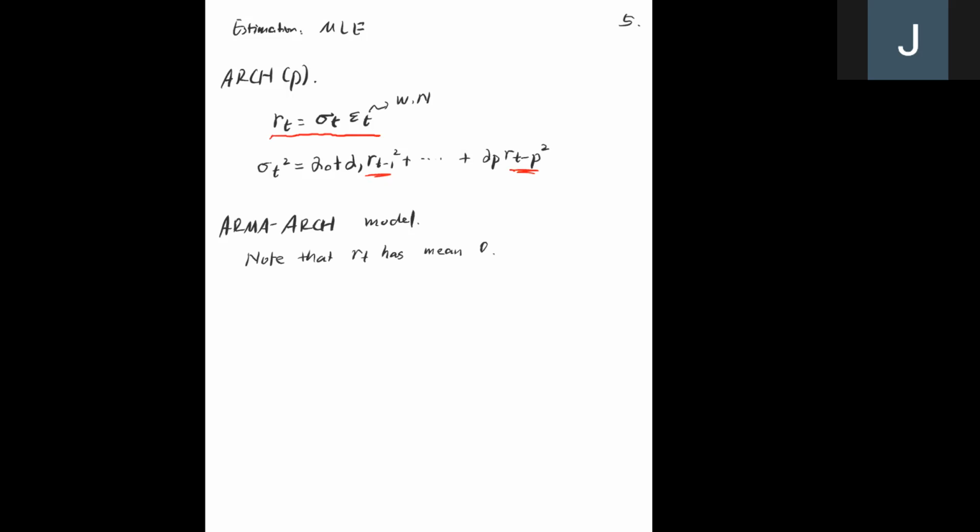As I said, this is not very easy to show, but it can be shown. Why do people do that? The reason is that it comes from asset pricing, and in asset pricing, the mean of the return is 0. So people usually assume that RT has mean 0. But we can of course allow it to have a non-zero mean. We can certainly relax this.